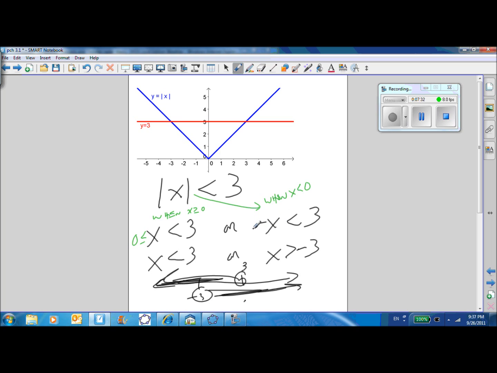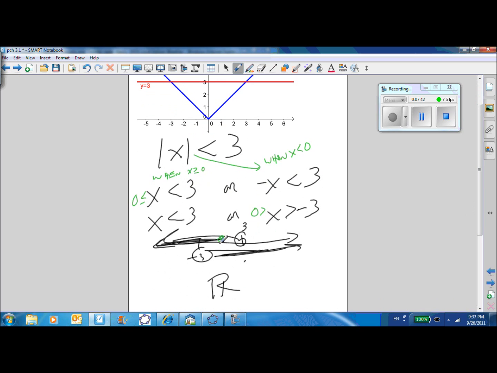So that means we actually have another condition here: it equals the opposite of x, but x is less than 0, so you get 0 is greater than x is greater than negative 3. Now when you unite those two things, we get the points from 0 to negative 3 from this, and from over here the points from 0 to 3. And so it's not all reals, it's negative 3 is less than x is less than 3.